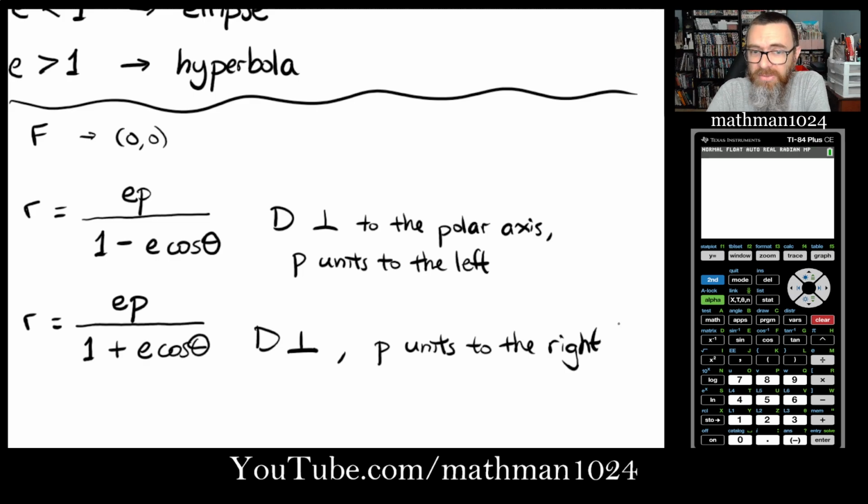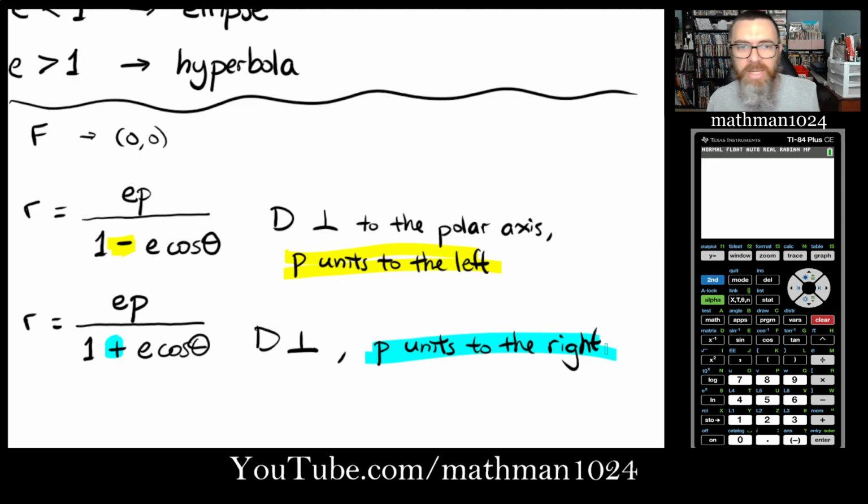An easy way to keep track of this is that when it's a minus, this guy's going to the left. And if it's a plus, then that directrix is going to be p units to the right side of the origin.